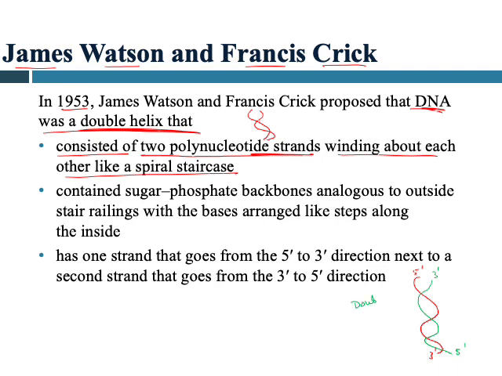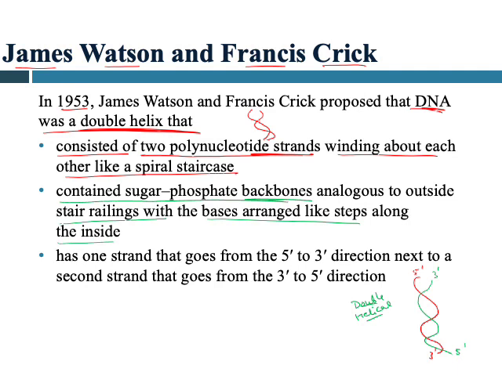If you can see, you have two helical structures, one from each polynucleotide, and they wind together, right? It contains sugar phosphate backbones along the outside like a stair railing with the bases arranged like a step inside. So what does it mean?